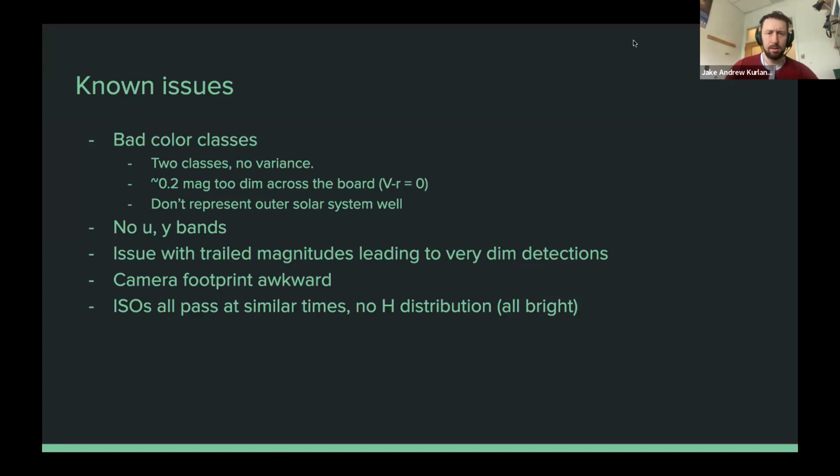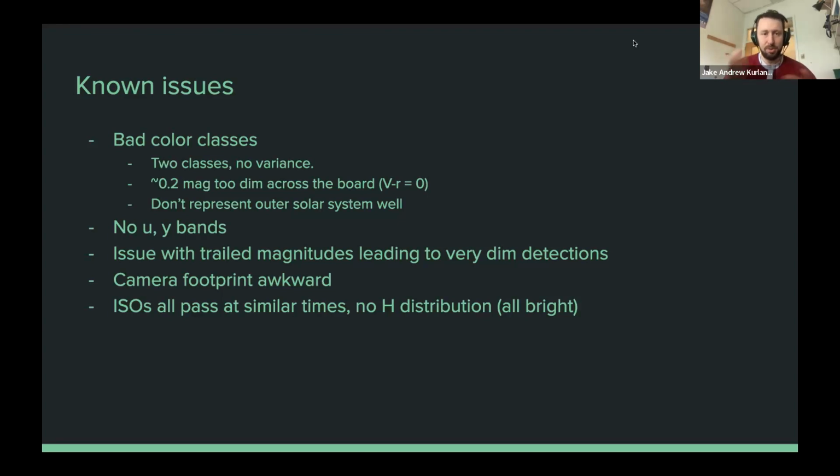Some of the exposures show a camera footprint that does not look quite like the LSST camera. This is also, we think, a survey simulation thing that is probably fixed in the next version, but we're really looking into it. Again, it probably doesn't change the science that much.